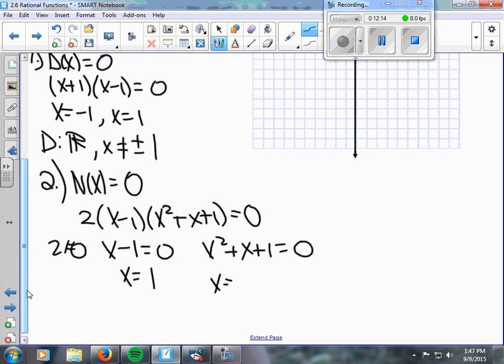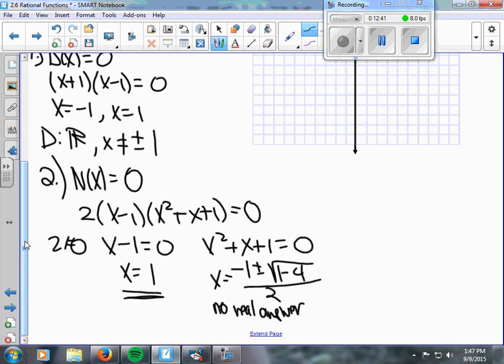If you do the quadratic formula, you'll actually get imaginary numbers, 1 minus 4, so you'll get an i, so no real answer. You'll get complex imaginary answers, but no real answer. Okay, so I actually have no x-intercepts here because x equals 1 isn't an x-intercept, it's a hole.